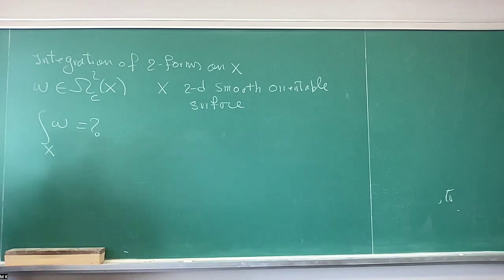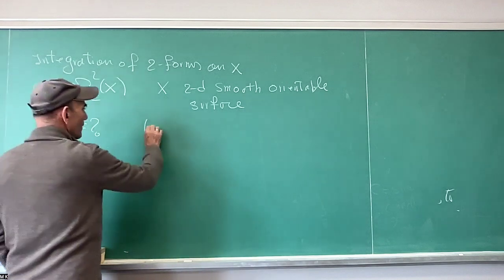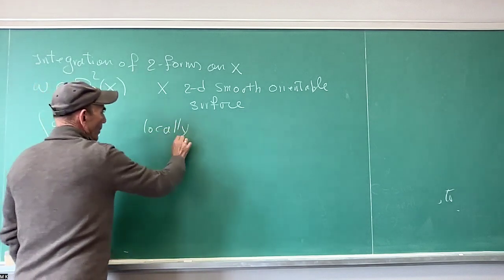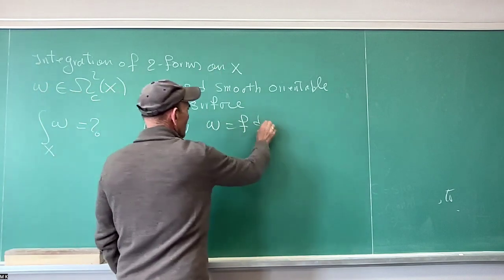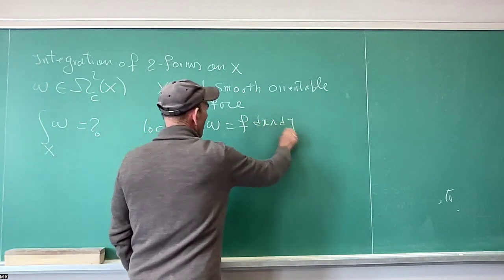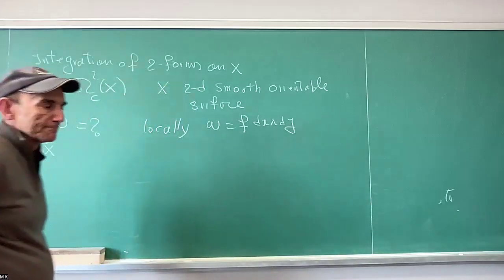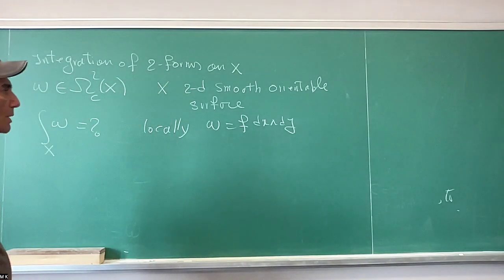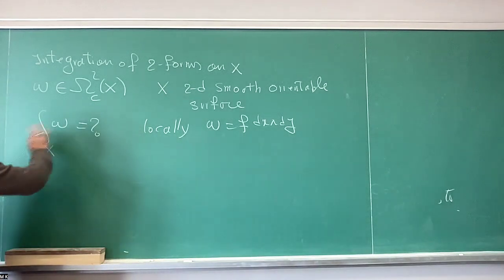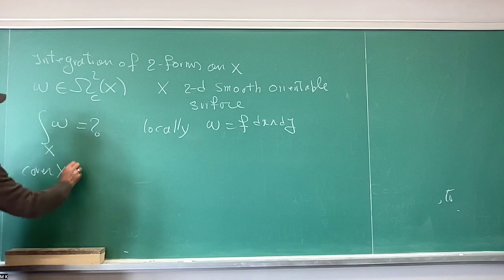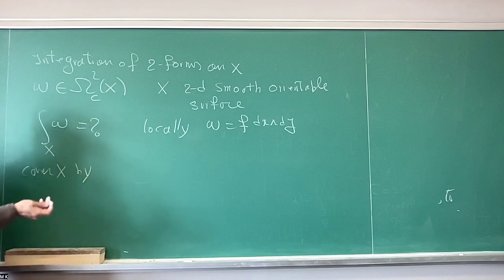So locally, of course, omega is of the form, because it's two-dimensional, f dx wedge dy, right? So what we can do is the following. We cover x by coordinate charts.